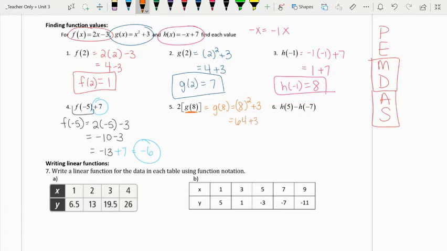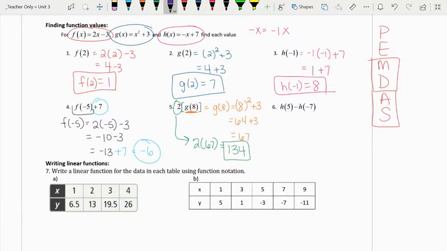So we have 64 plus 3, which is 67. Now, if I want to throw this 2 on, it needs to be 2 times that 67. And 2 times 67 is 134. Again, that's what 2 times g of 8 is.